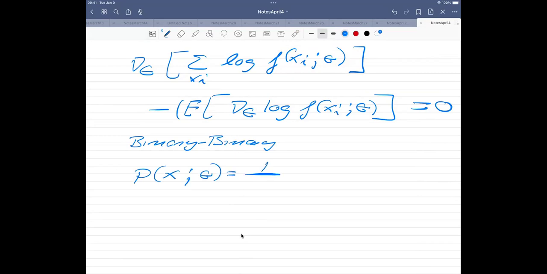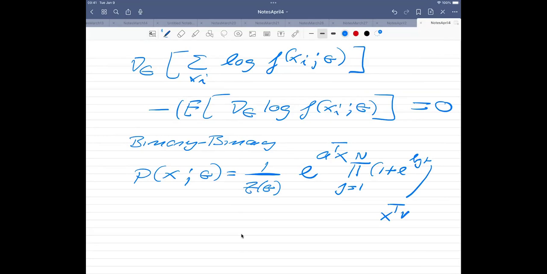And then we would have 1 over Z of theta, multiplied with e to the a transpose times x. And then we have the product over all the j values, which go up to the number of nodes which we have, of 1 plus e to the b_j plus x transpose times w, multiplied with the values of j here.